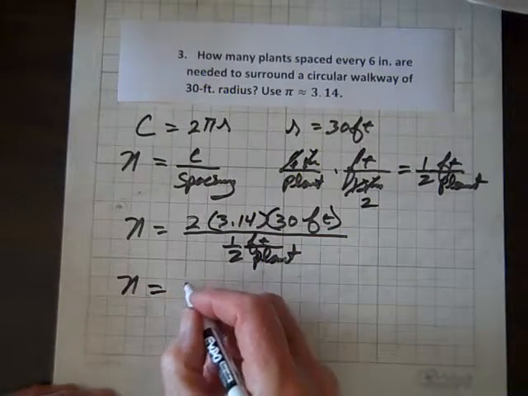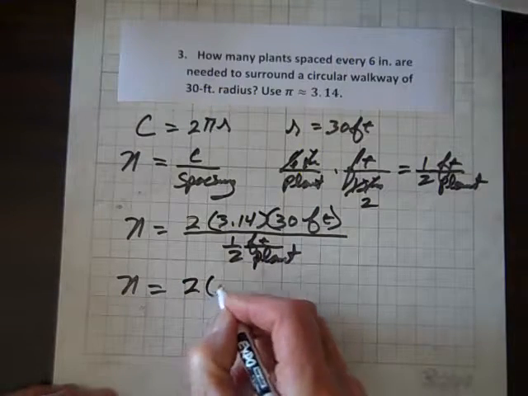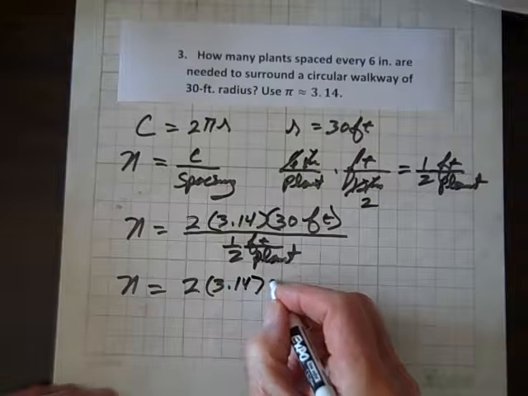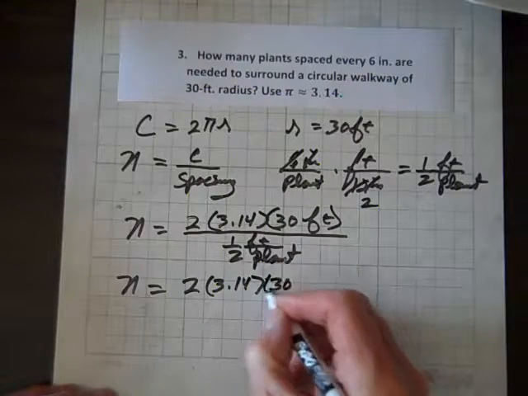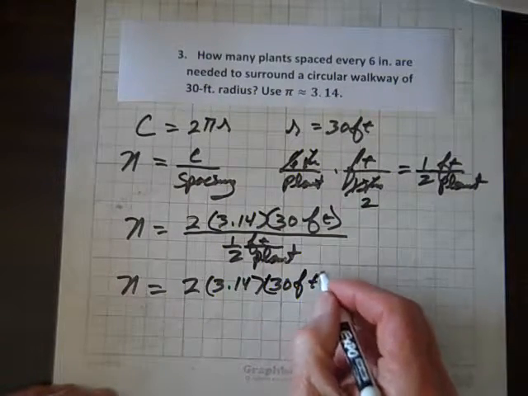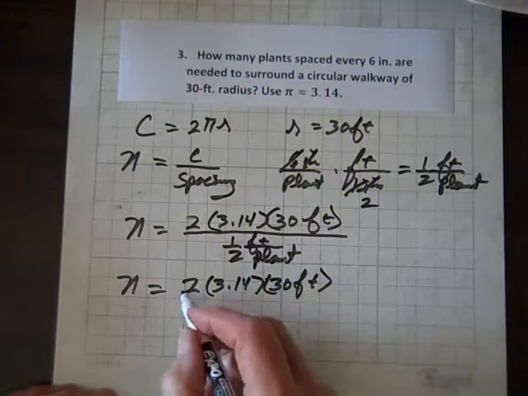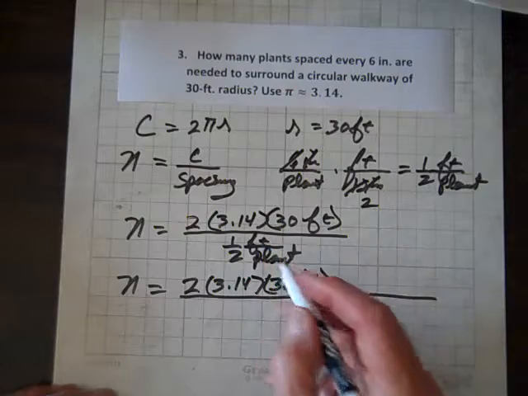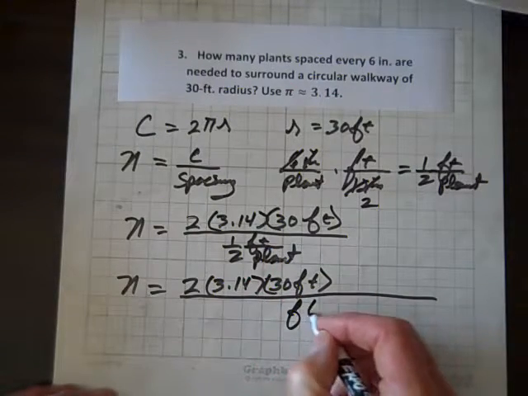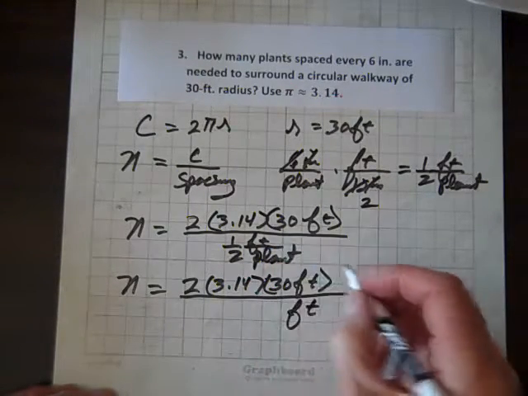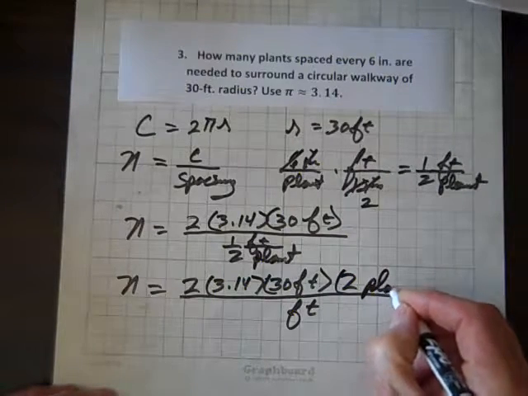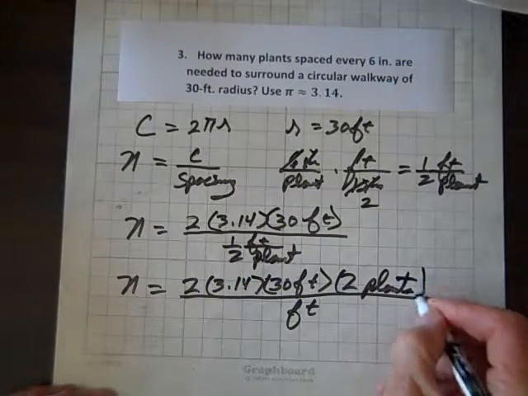So n equals 2 times 3.14 times 30 feet. And inverting and multiplying, we wind up with feet in the denominator, and 2 plants in the numerator.